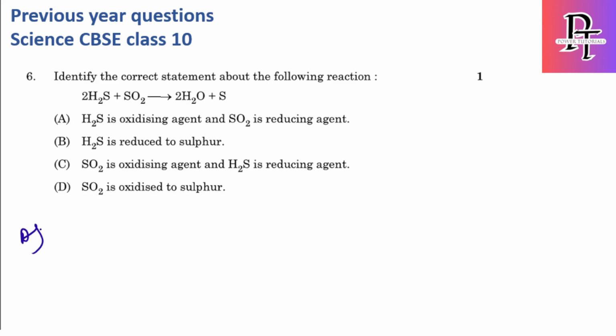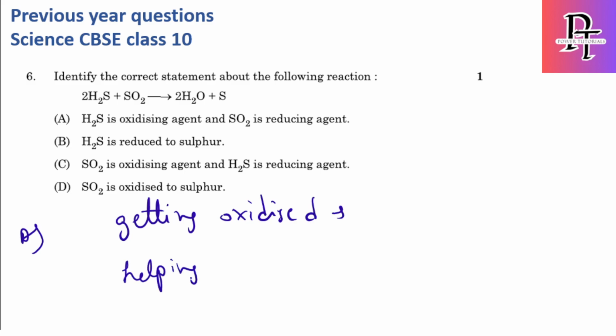For the correct statement about the following reaction, this is also very important. In redox reactions, they will clearly ask which is getting oxidized and which is helping other to get oxidized. Both are different.